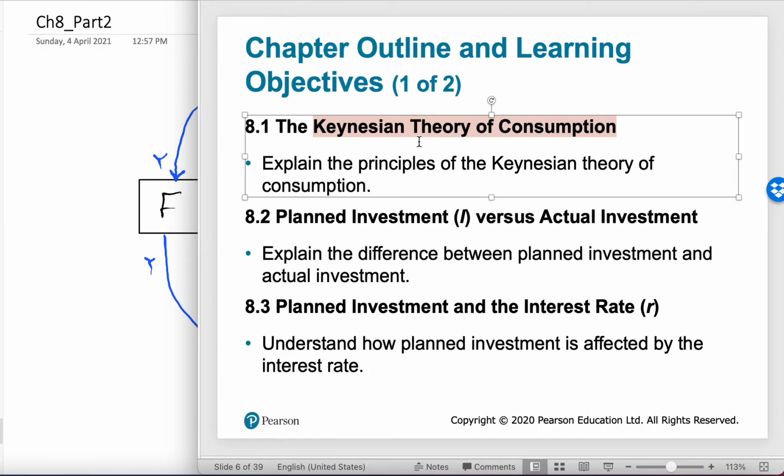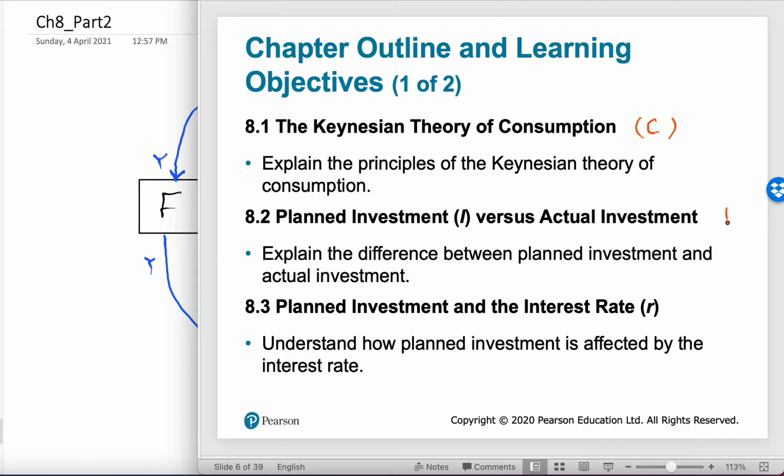So we are wondering how we could explain the consumption function, that C variable. Keynes started by explaining the behavioral function of consumption. This is called the Keynesian theory of consumption.